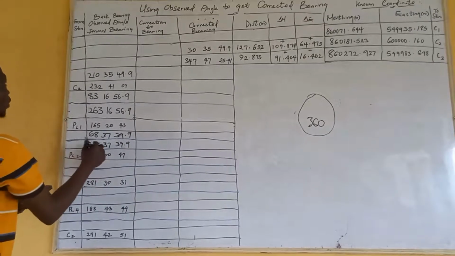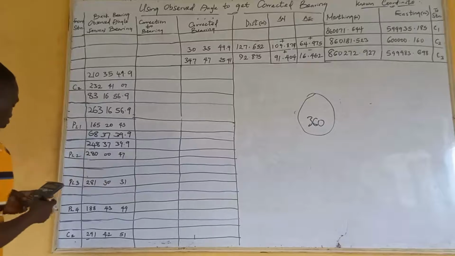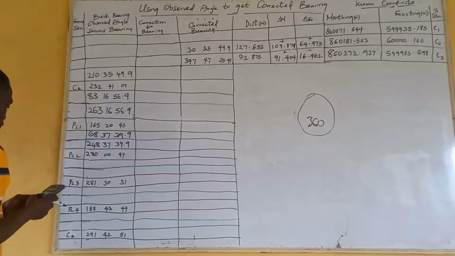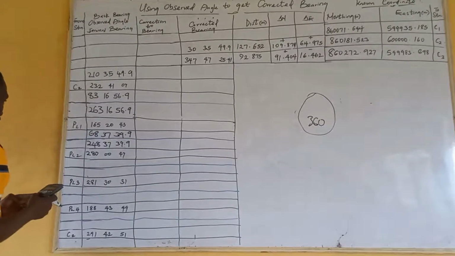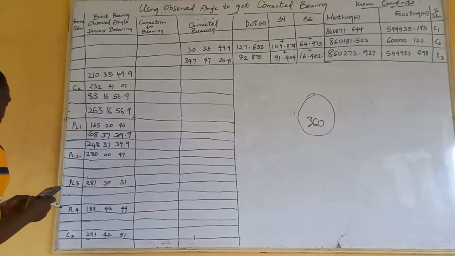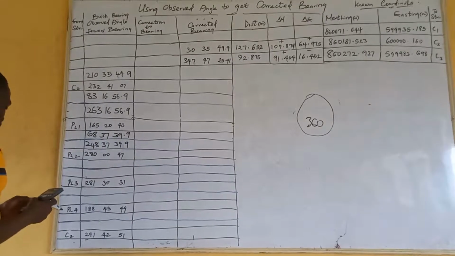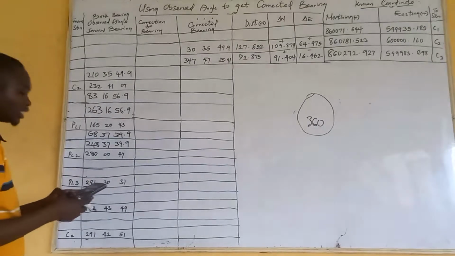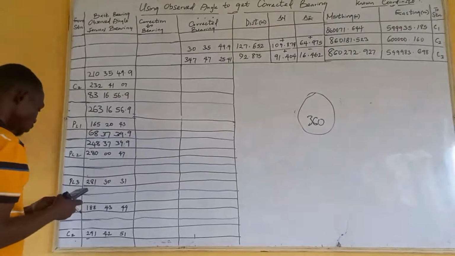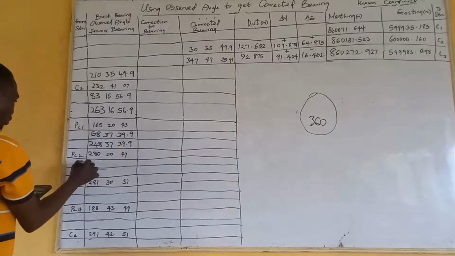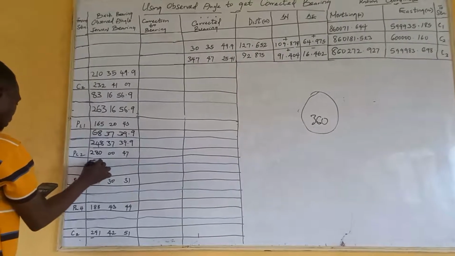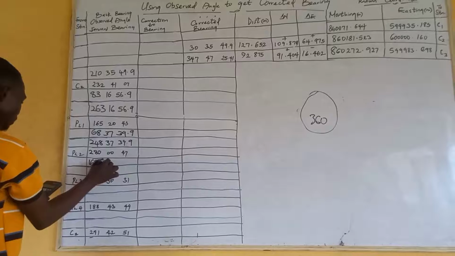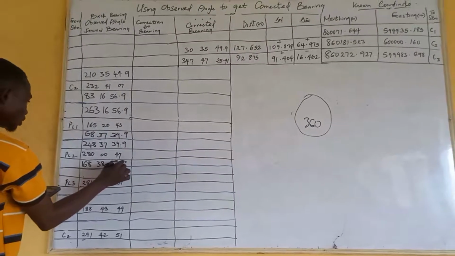Then you add your back bearing plus the observed angle together, which is 248 degrees 37 minutes 39.9 seconds plus 280 degrees 00 minutes 47 seconds. It's going to give us 528 degrees. Then you subtract 360 from your result. So we have 168 degrees 38 minutes 26.9 seconds.